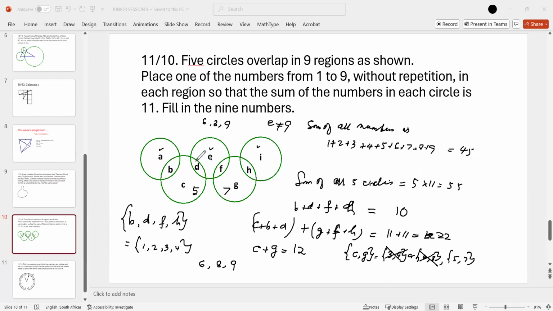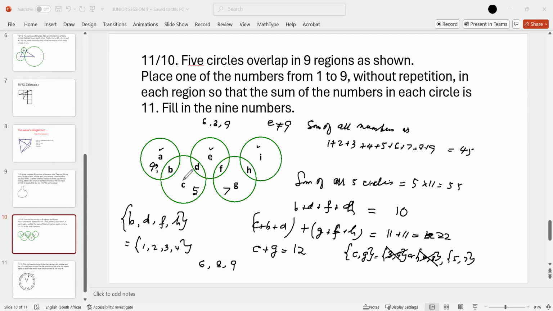Okay, so let's just try this. For instance, if I had a 9 here, let's try here. If I had a 9 here, then this has to be 2, because these add up to 11. I'll put a 9 question mark. Then this has to be 2.